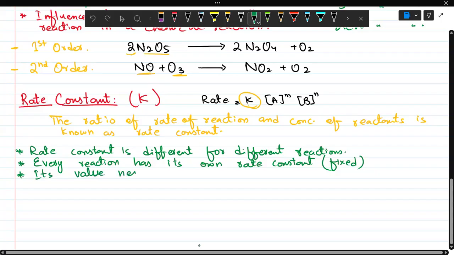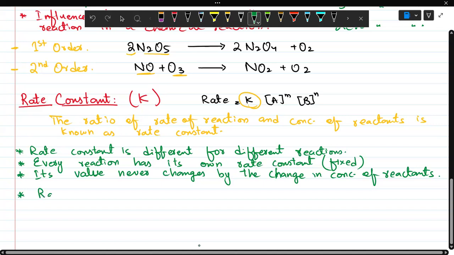Its value never changes by the change in concentration of reactants. Okay.